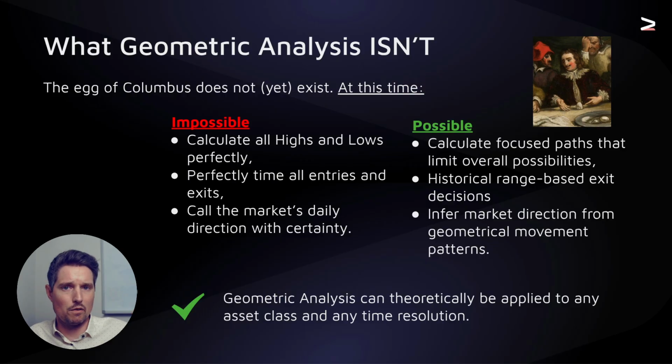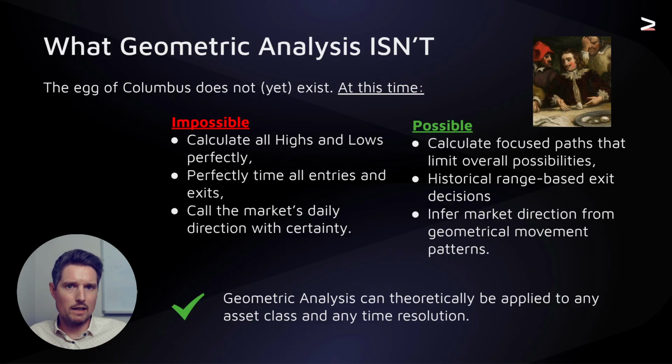What we can do, however, is calculate focused paths that limit the price movement, limit the overall possibilities in price movement. This is how I should formulate it. It limits the amount of overall opportunity, which focuses our attention.